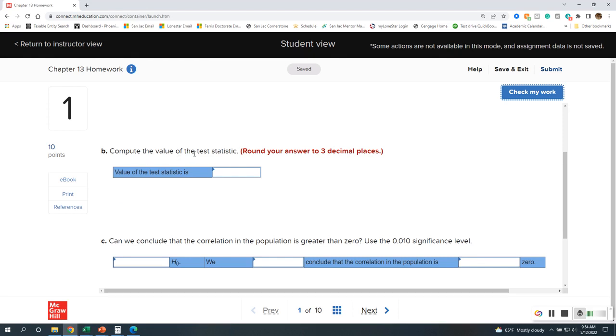Next, it says compute the value of the test statistic.